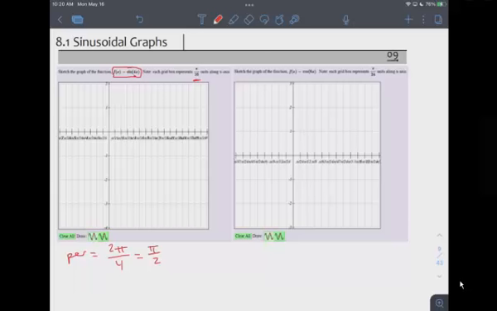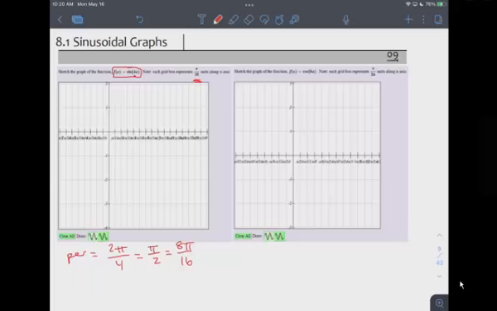And that full cycle is going to occur during an interval of pi over 2 radians. Right? So that's what the period means. Now, if this is pi over 16, what is pi over 2 in terms of 16ths? 8 over 16.